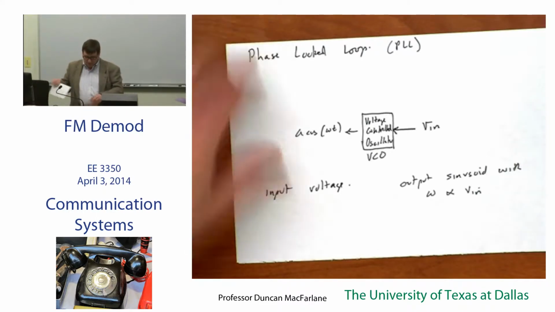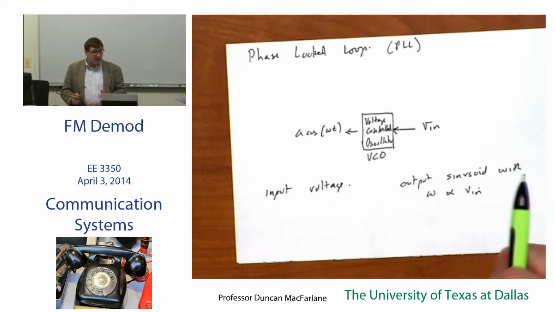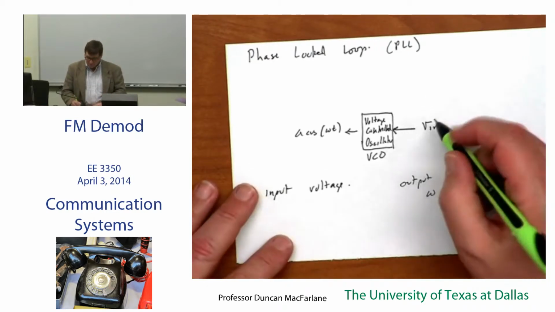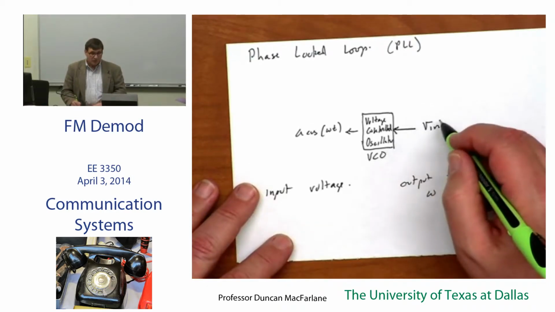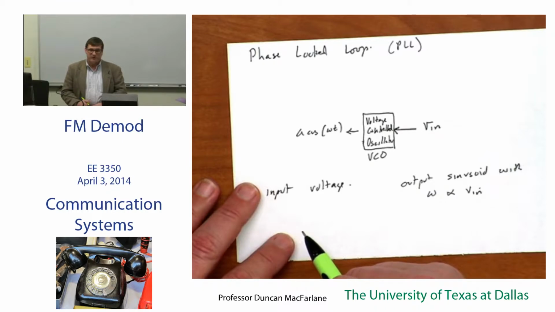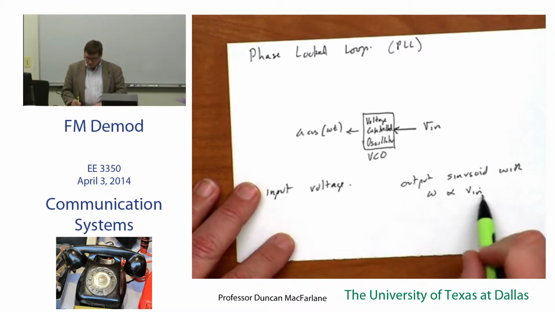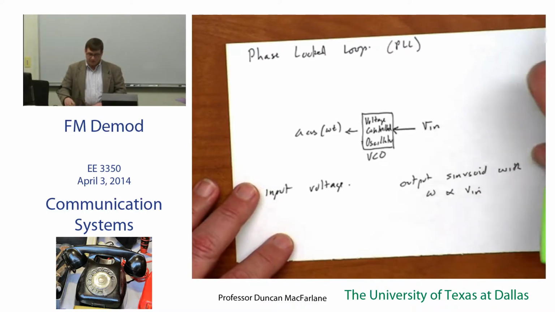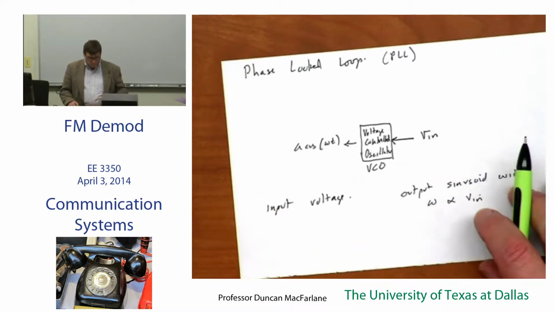But the important thing to remember from a mathematics perspective and a physics perspective is that the input voltage will give rise to an output frequency of this oscillation. So changing V will proportionately change omega.